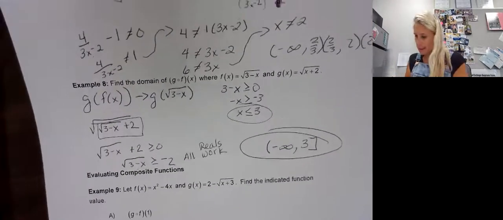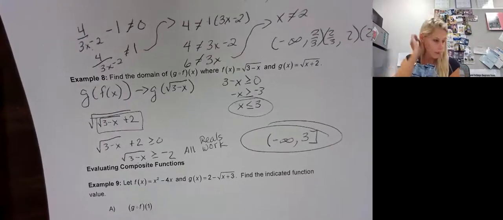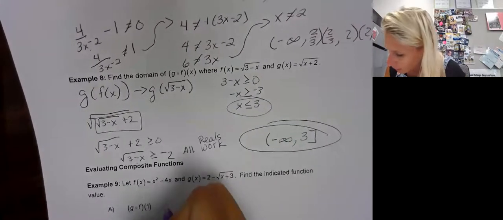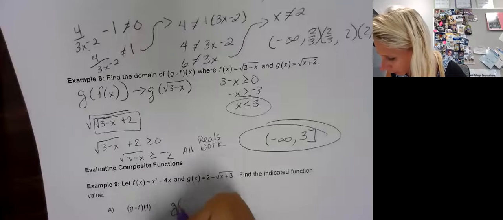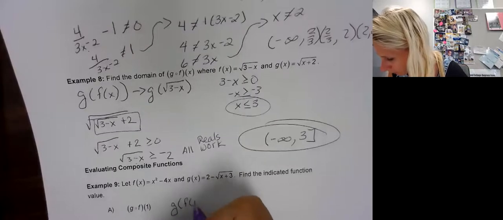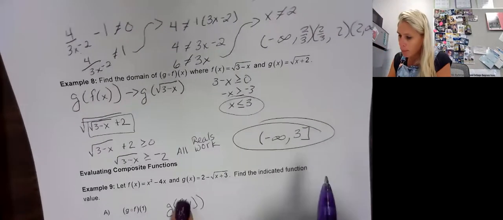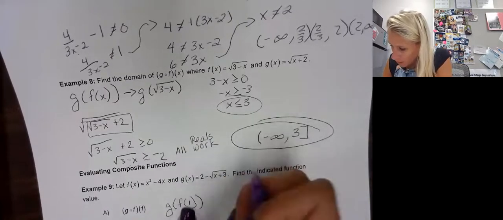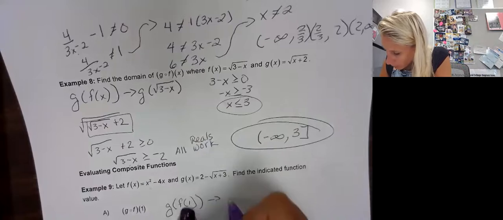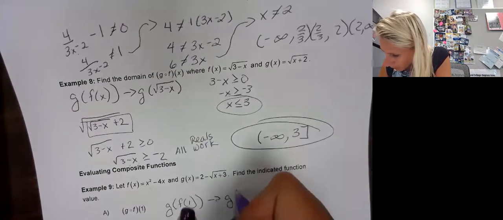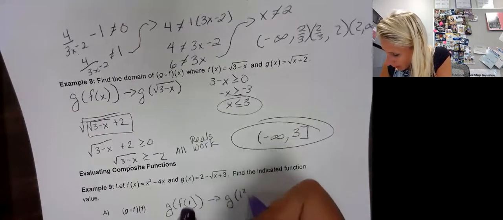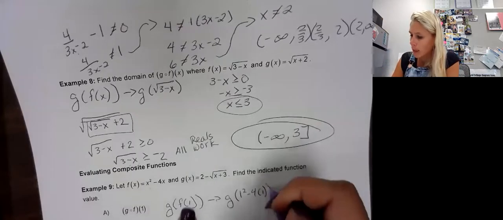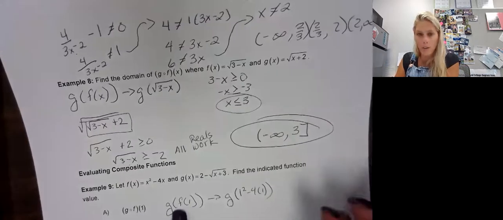All right, guys, let's see. All right, so let's rewrite this g of f of 1. So if we plug 1 in for the f of x here, we would get g of 1 squared minus 4 times 1. Okay, that's just me plugging in 1 for f of x.